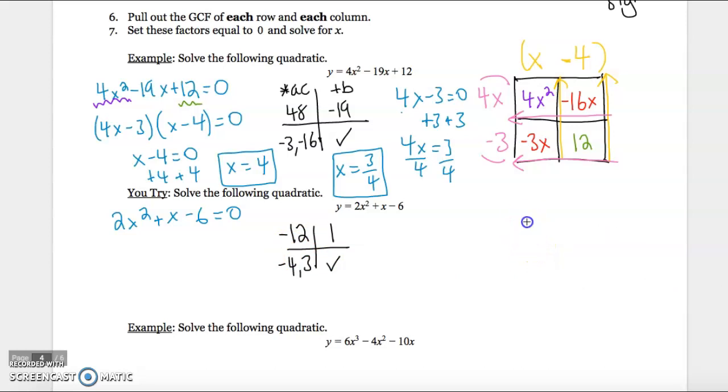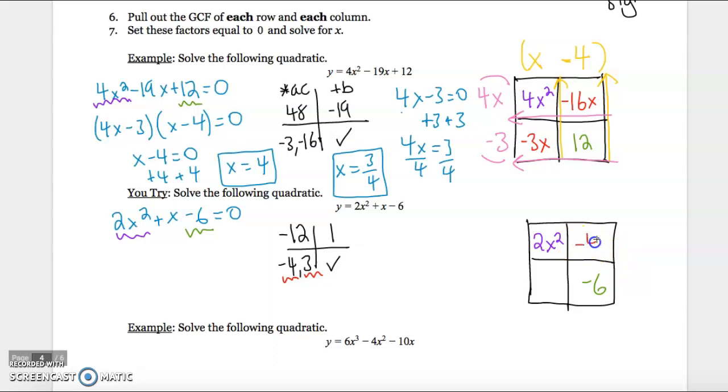So then I'm going to stick those in the box. Again, I put my x squared term up here, and my constant term in the bottom right-hand corner, and then I take my factors, negative 4x and 3x. Again, it doesn't matter which factor goes where, it's still going to work the same way.